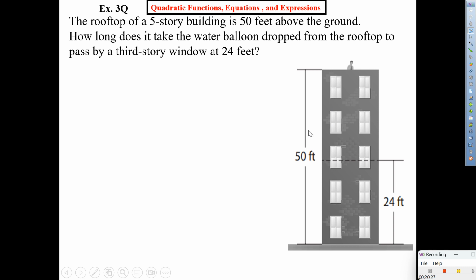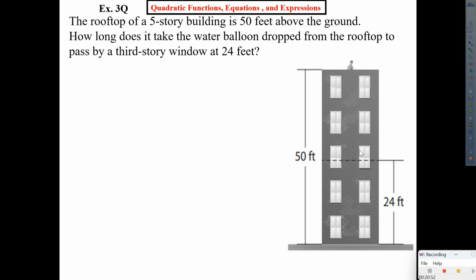As you're copying that sketch, let me read the situation. It says, the rooftop of a 5-story building is 50 feet above the ground. How long does it take the water balloon dropped from the rooftop to pass by the 3rd story window at 24 feet? Okay, copy that and we'll get started.